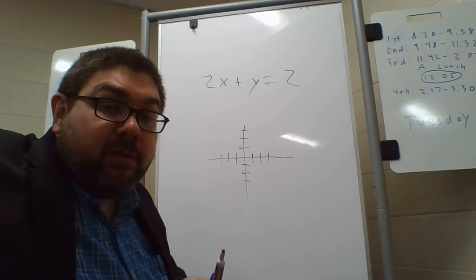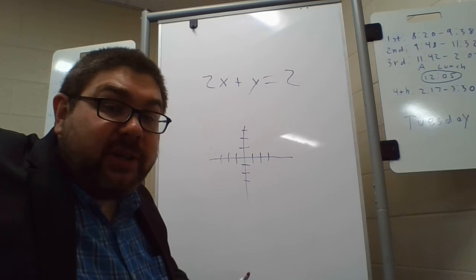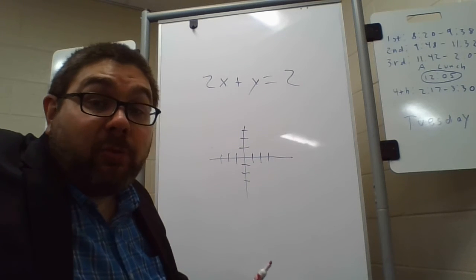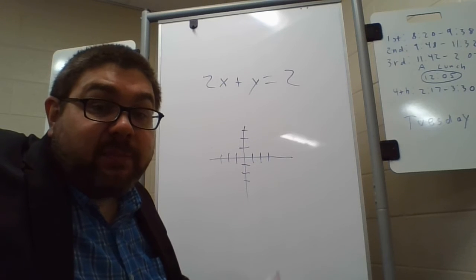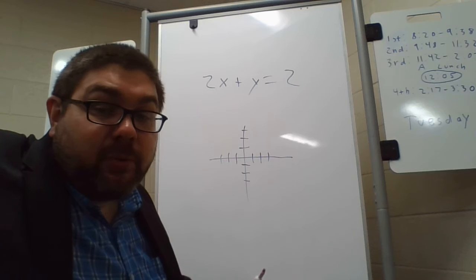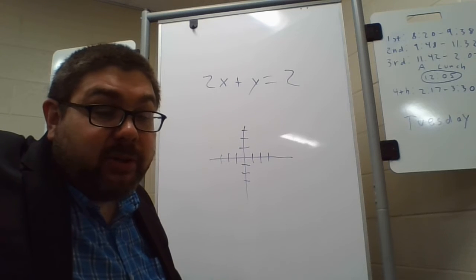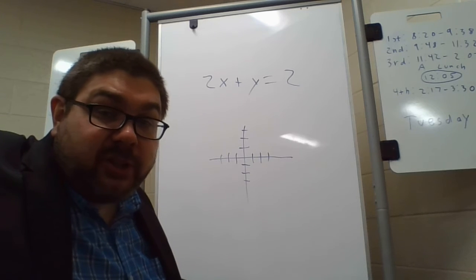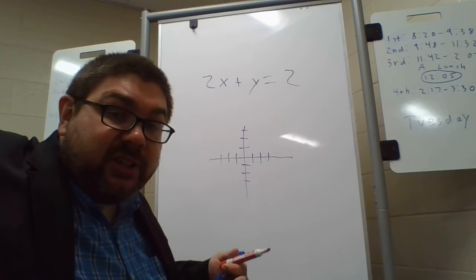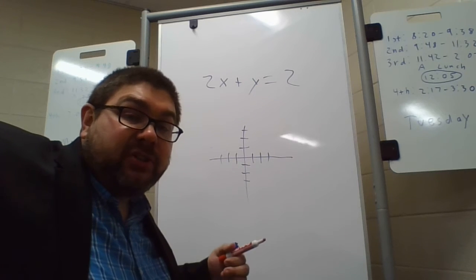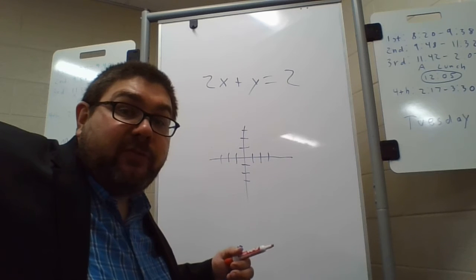I'm not going to teach that way because it doesn't always work. We might not have an x-intercept that goes over a straight point. We could get an x-intercept that's a fraction.